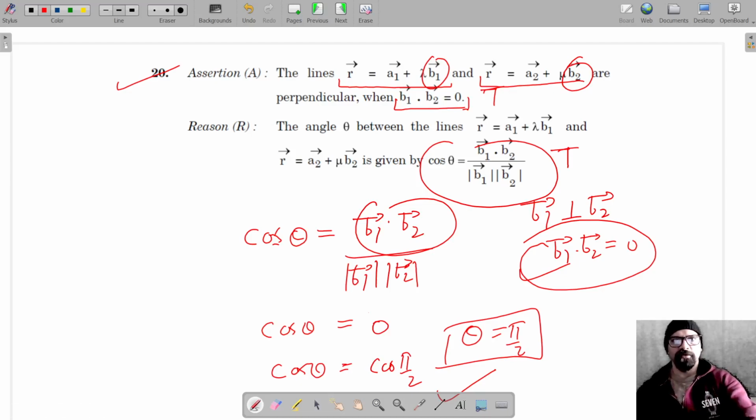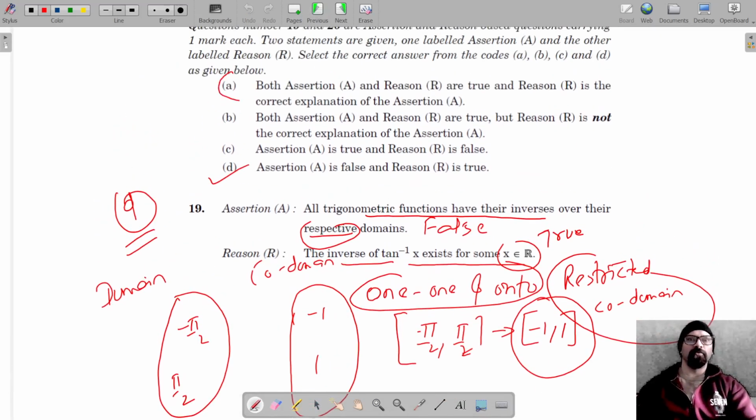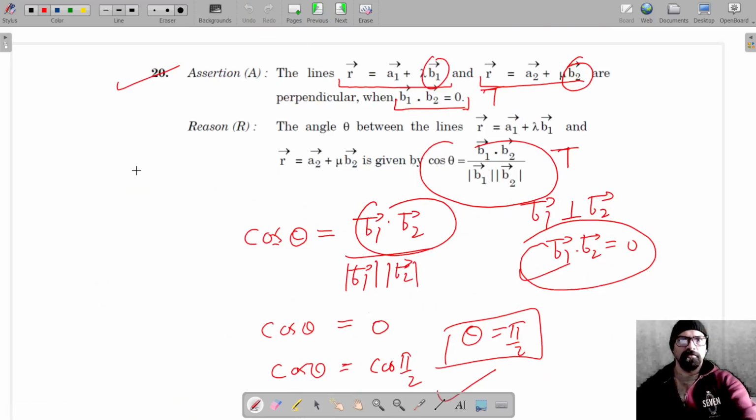The correct option for this one should be A: both assertion A and reason R are true, and R is the correct explanation of assertion A.